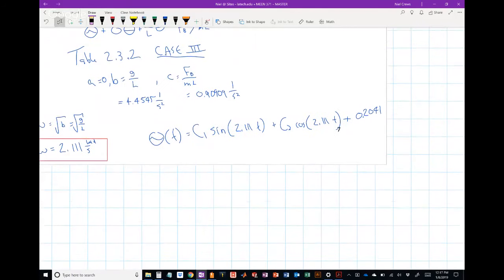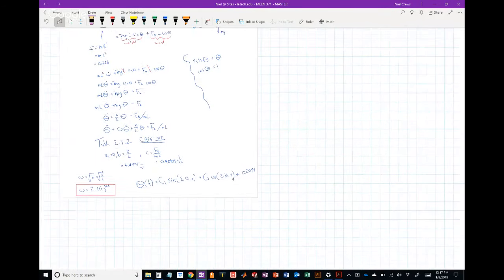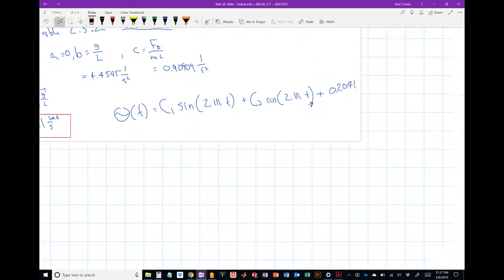Okay. We know that theta of 0 equals 0. Sine of 0 is 0, cosine of 0 is 1.